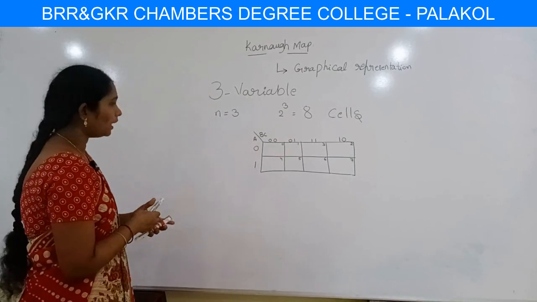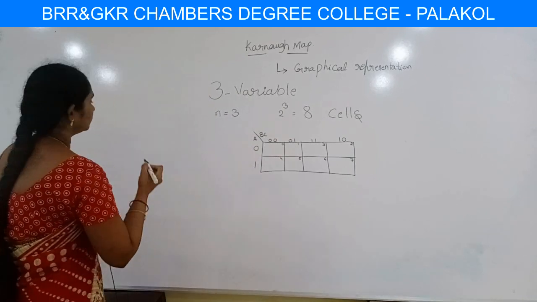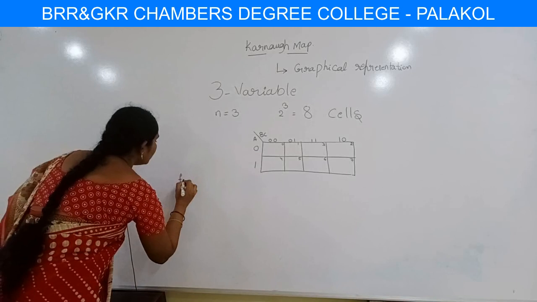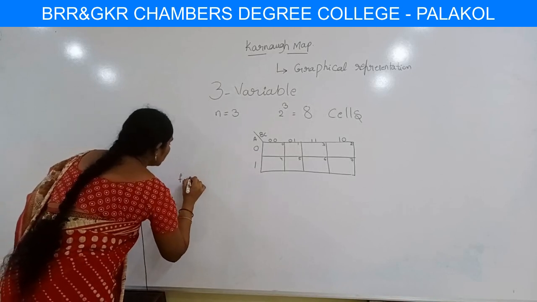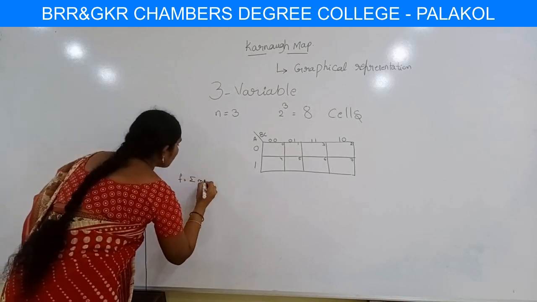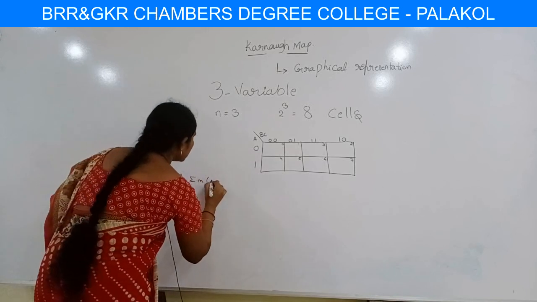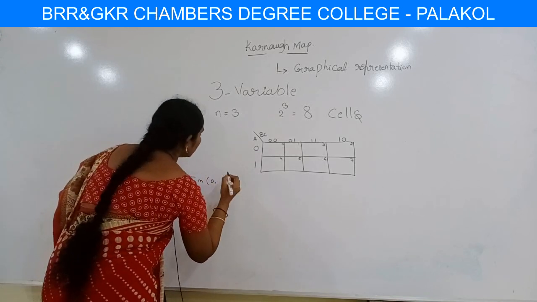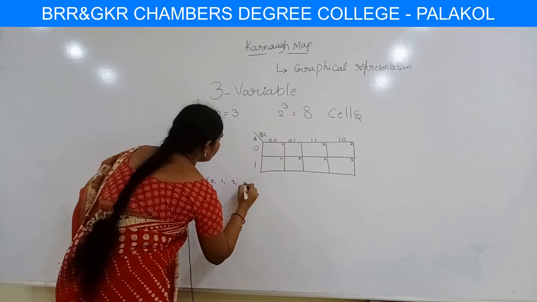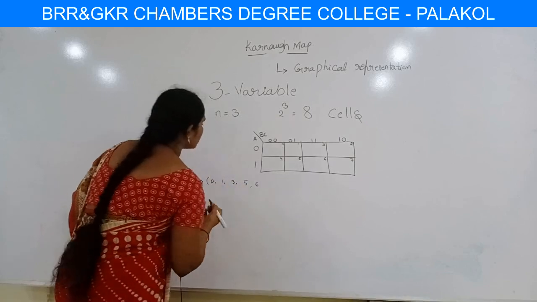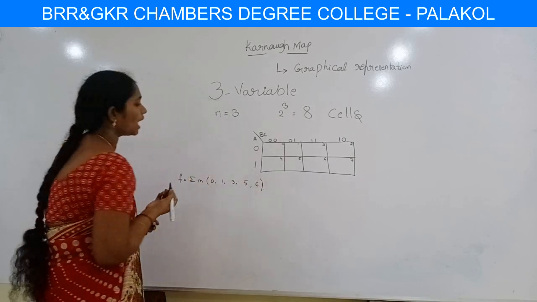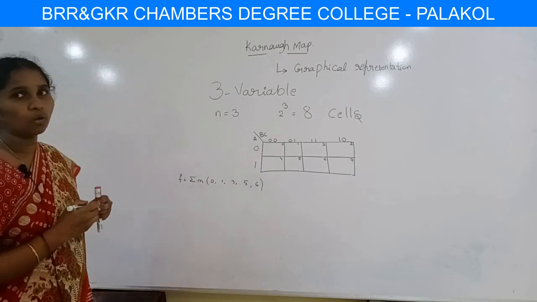Okay. So for example, I consider a number, that is, f is equal to sigma small m, that is 0, 1, 3, 5, 6 are the numbers I have considered. Okay.